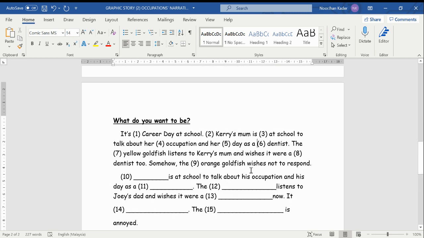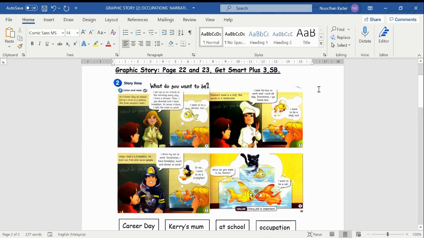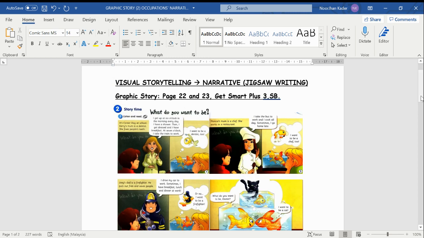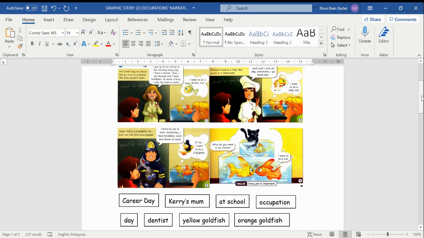Somehow, the orange goldfish wishes not to respond. Okay, so the narrative, paragraph 1, the narrative for frame 1 describes what is happening in frame 1.